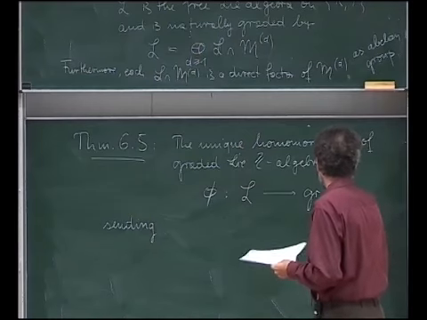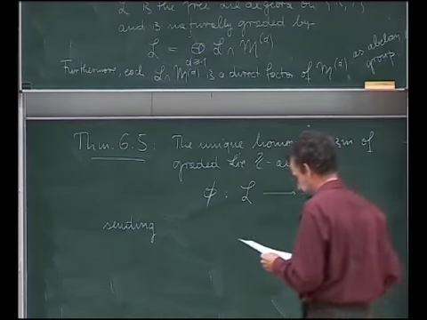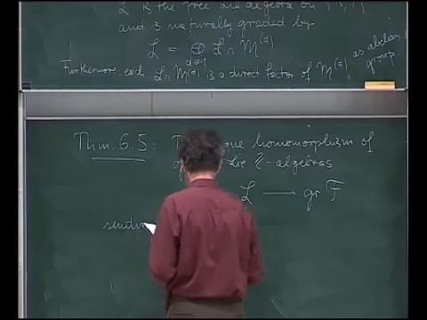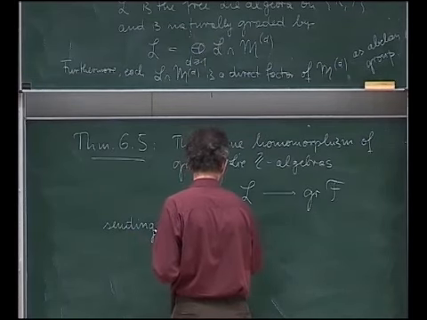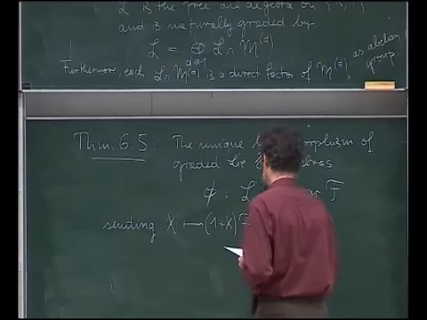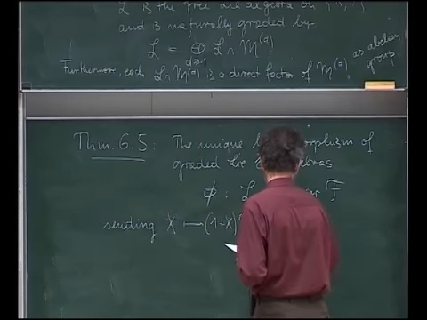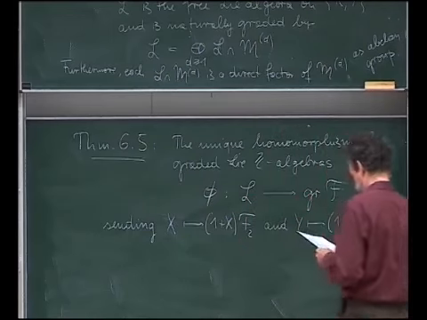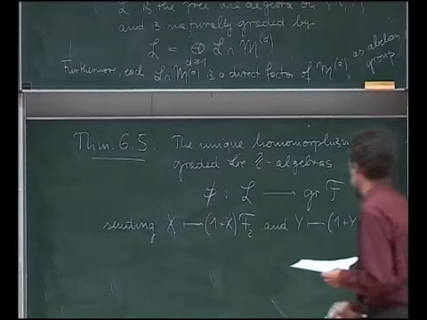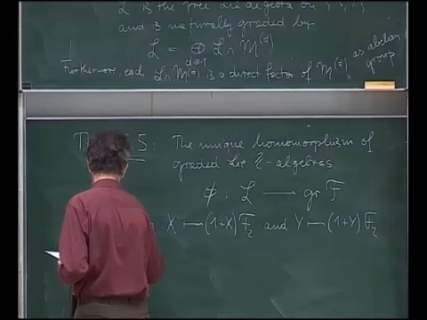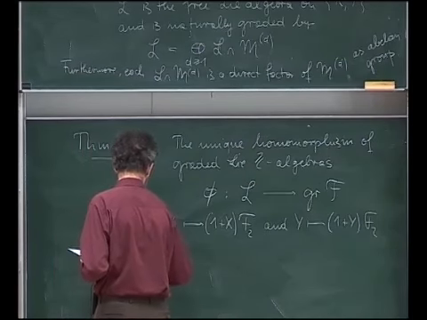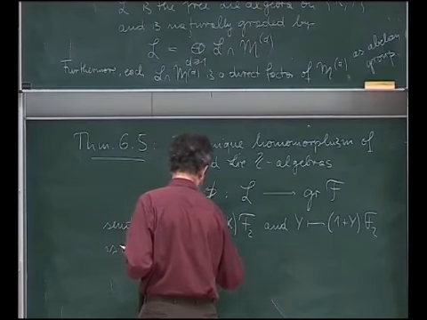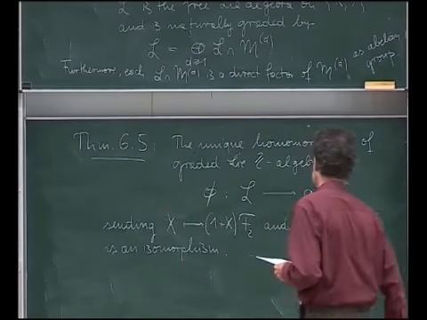The left is free, so what does free mean? It has the obvious universal property, so I can send x and y somewhere, and I get a Lie algebra homomorphism. And if I send them to homogeneous elements of the corresponding degree, then it will be a graded homomorphism. Is an isomorphism.